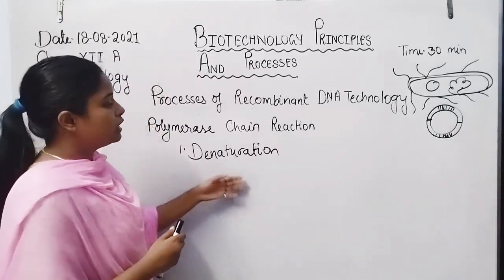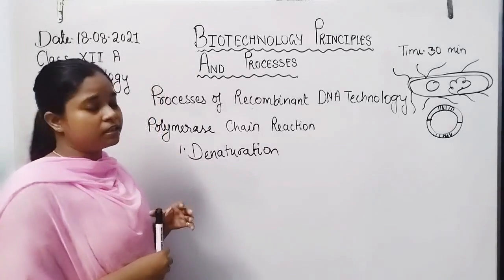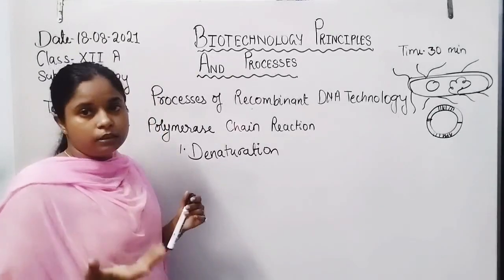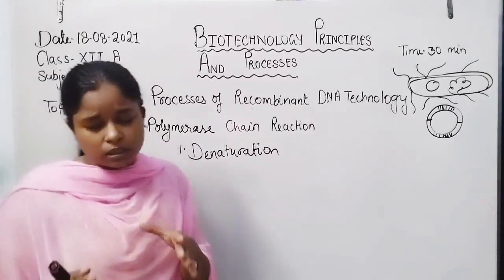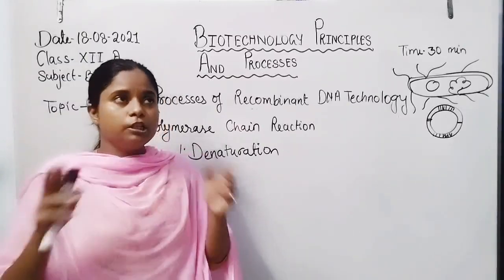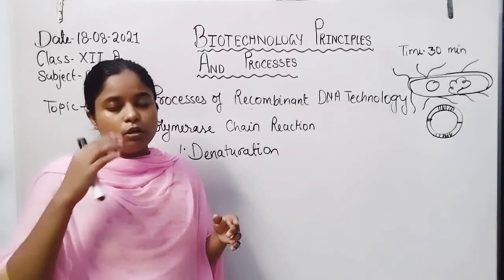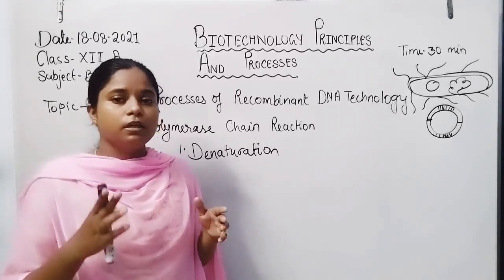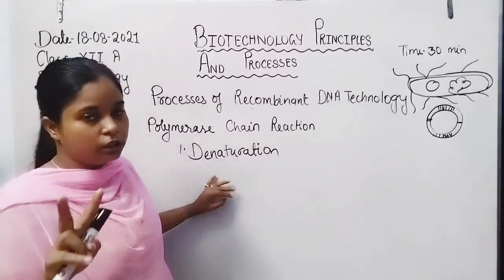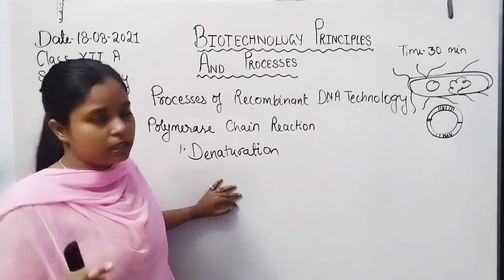Simply, denaturation also involves the synthesis of DNA, like the replication. In the synthesis of DNA inside the cell, the double or triple hydrogen bonds present in both strands are broken by the helicase enzyme.